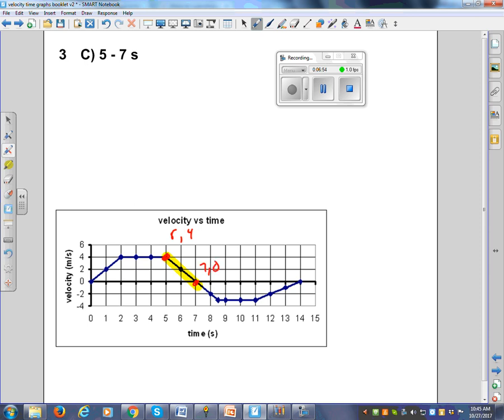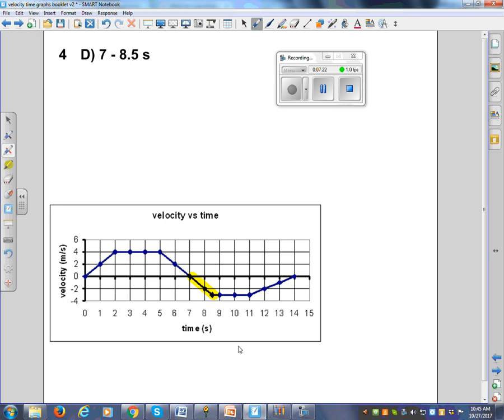So it would be 0 minus 4, the change in y's, right? 0 minus 4 divided by 7 minus 5. So that's minus 4 over 2, minus 2 meters per second squared. You're finding slope. And you're going to do it many, many, many more times.